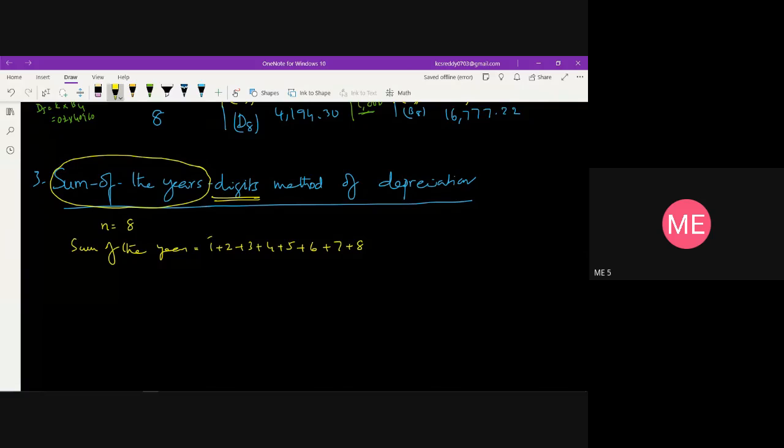The first year has digit 1, the second year digit 2, the third year digit 3, the fourth year digit 4, like that. 8 years means the 8th digit. So you need to add all these digits for each and every year.